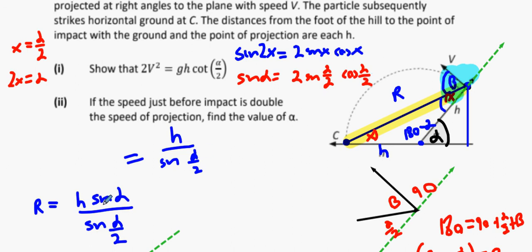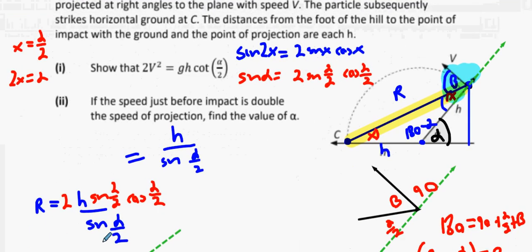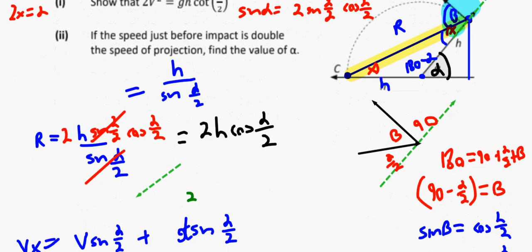So I'm changing this into 2h sine alpha over 2 cos alpha over 2, over sine alpha over 2. By the way, no way I could do well in this exam. The sine alpha over 2's cancel, and what we get is 2h cos alpha over 2, right, which is insane.